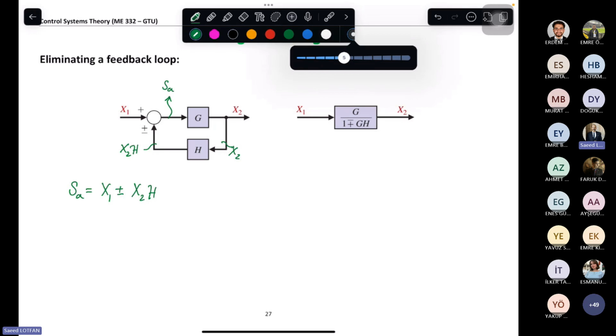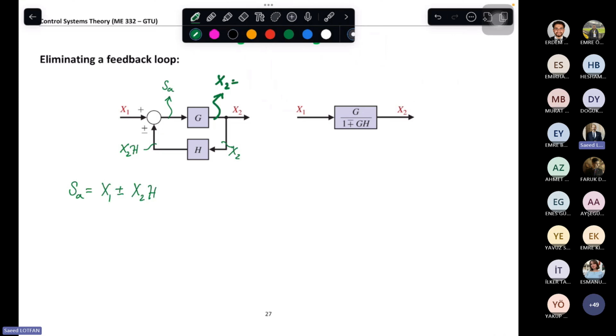And I can say that this X2 is equal to SA multiplied by G. So X2 is also SA multiplied by G, which is equal to G multiplied by (X1 plus minus X2H).